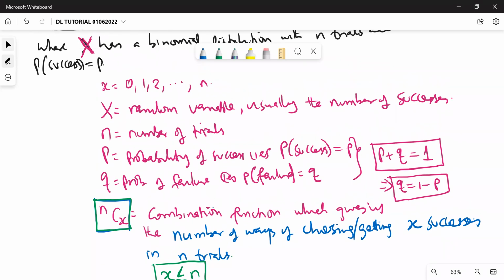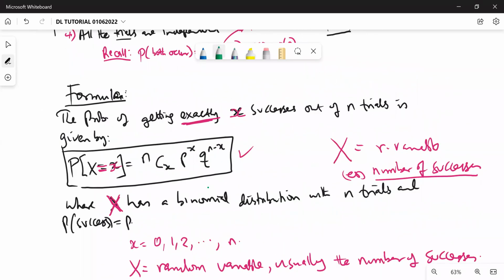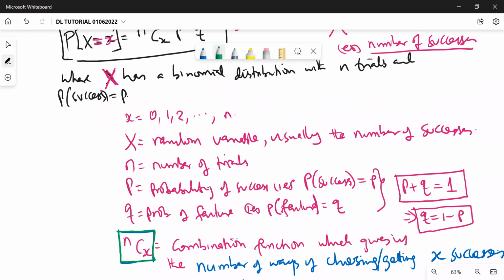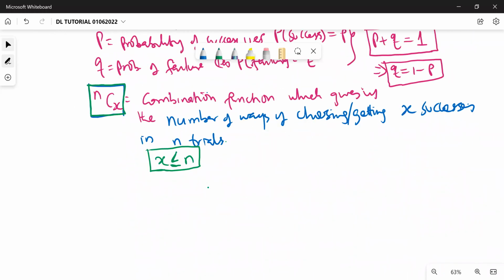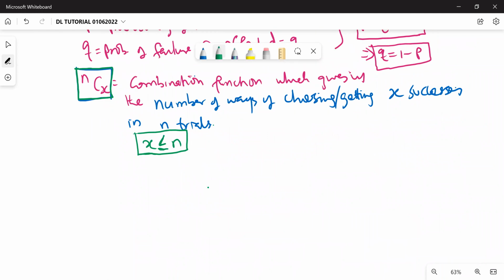So basically for the binomial distribution, that is it. The properties and the formula. So before we look at application, I want us to look at the Poisson distribution.